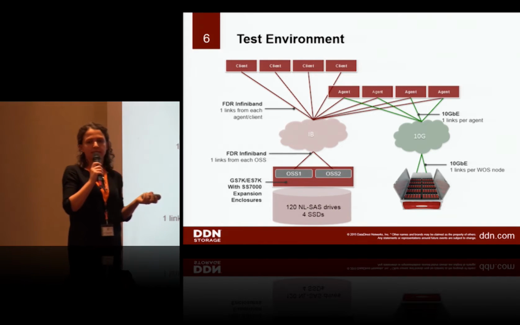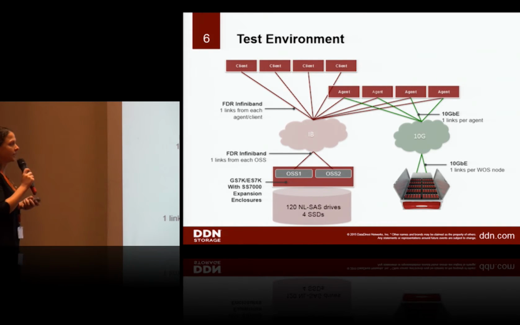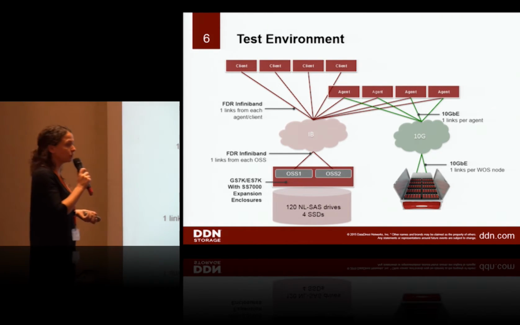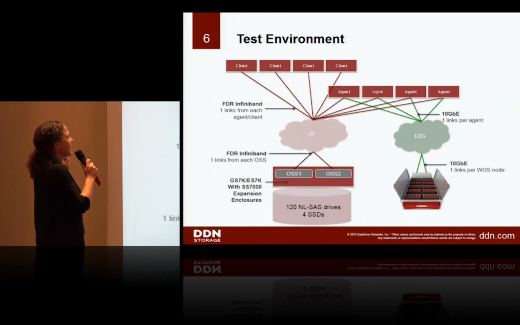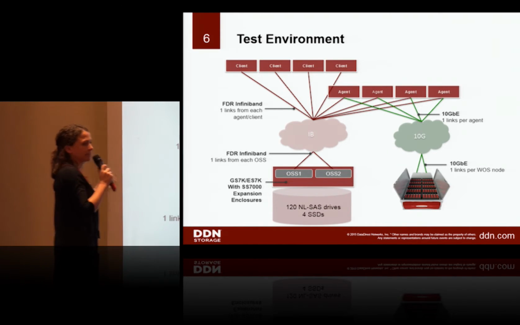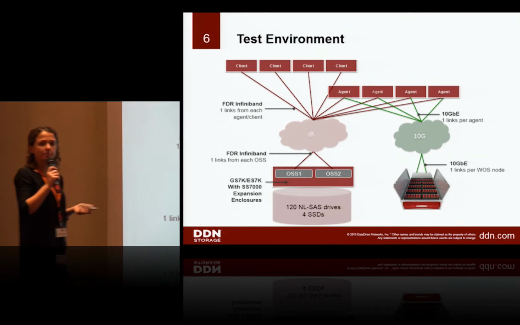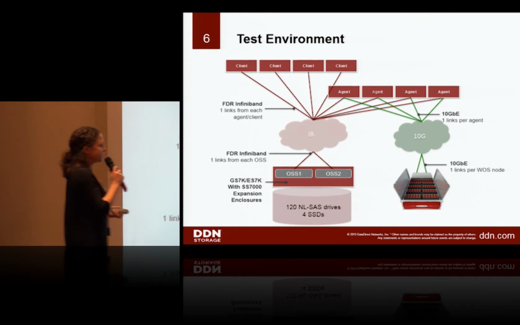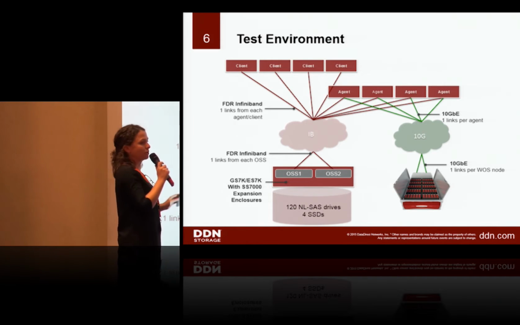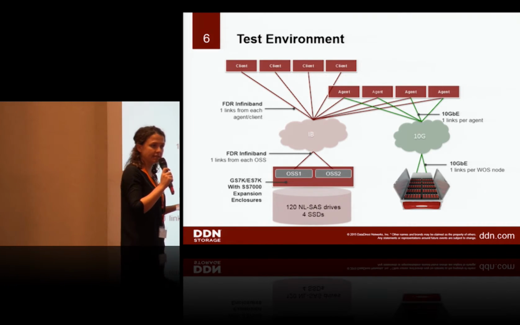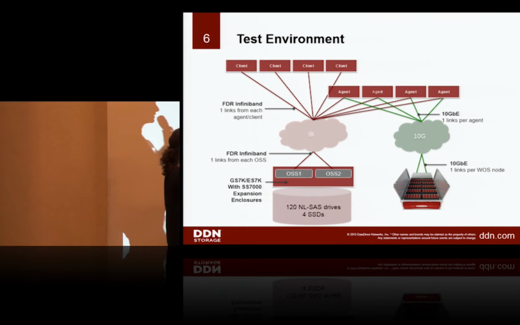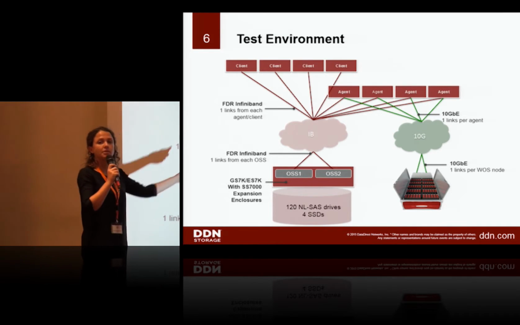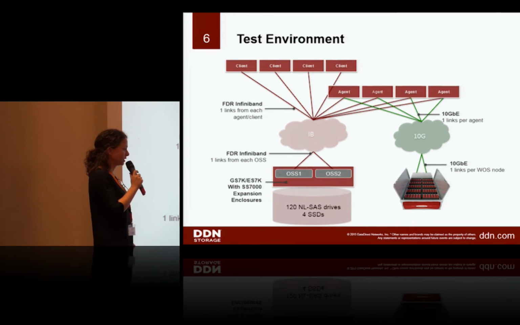What we have tested: we have done an implementation of the WAS copy tool. On our test environment, what we have set up is our Lustre file system, our standard file system, here on the right of the picture.